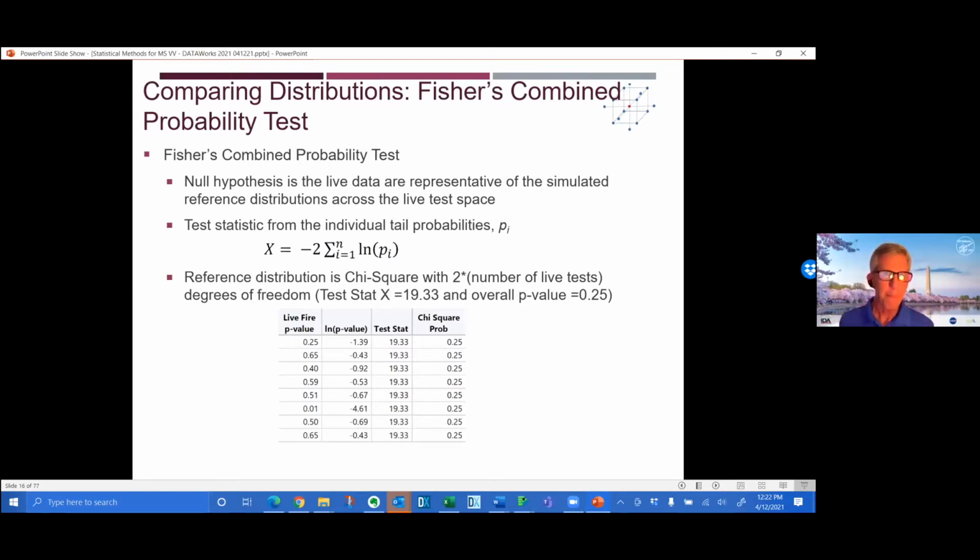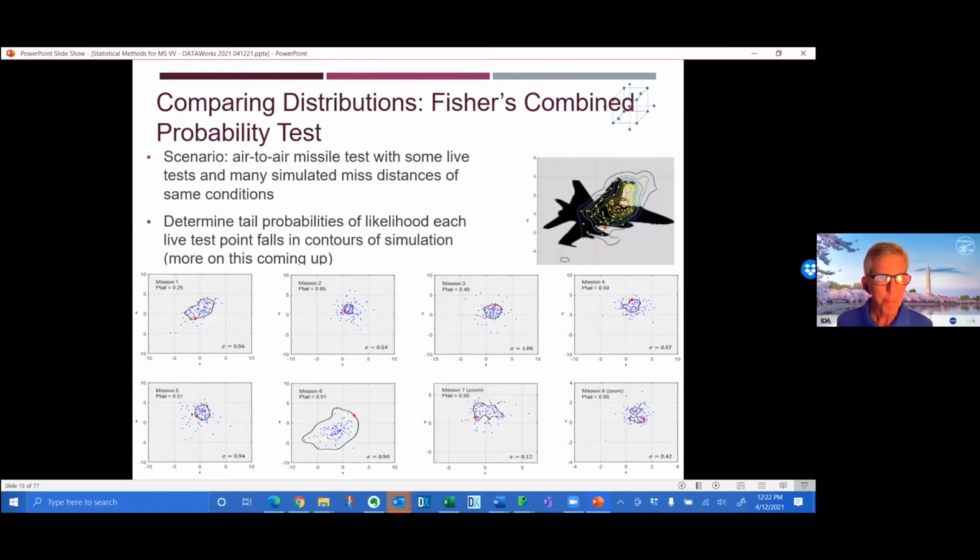Hey, Jim, question in the chat. Are the probabilities of likelihood a live test point falls in contours of the simulation done by profile likelihood? Profile likelihood, no, I'm drawing a blank there.